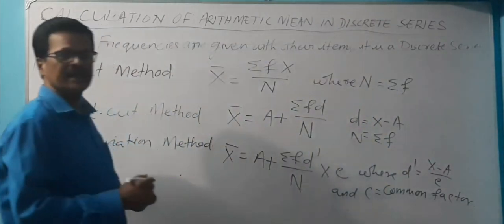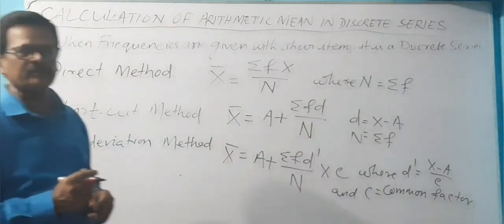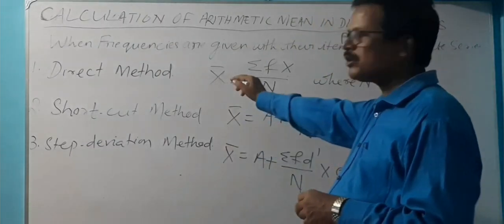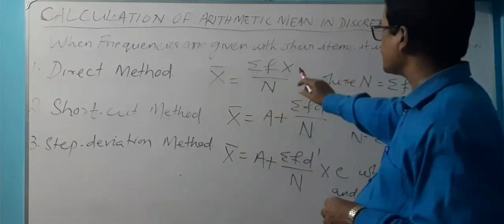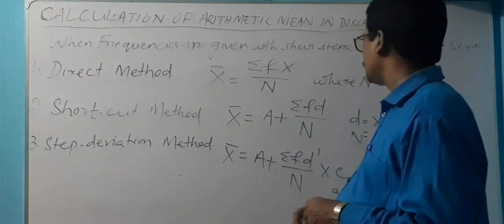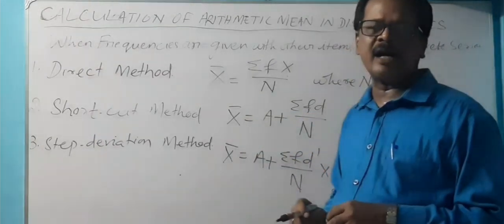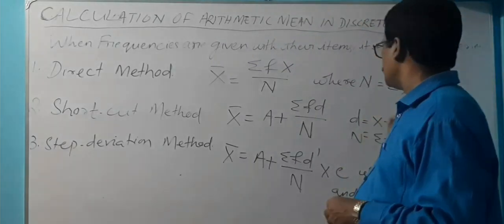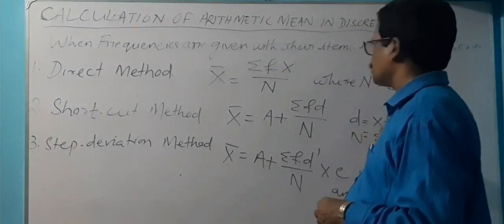Okay, these are the three methods for calculating arithmetic mean in discrete series. Number one is direct method, where we have to put the formula x bar is equal to summation fx by n. Number two is shortcut method, where x bar is equal to a plus summation f d by n, where d is equal to x minus a and n is equal to summation f.